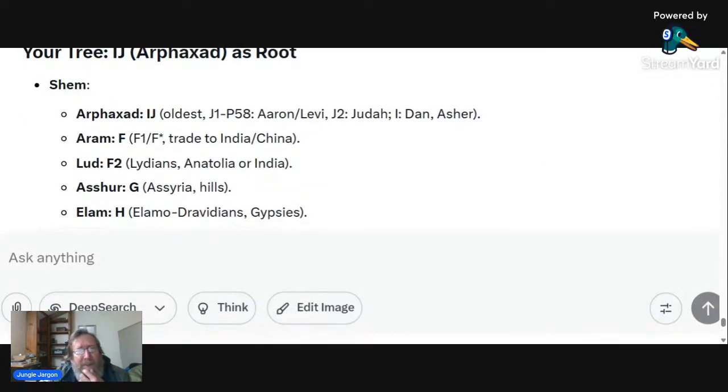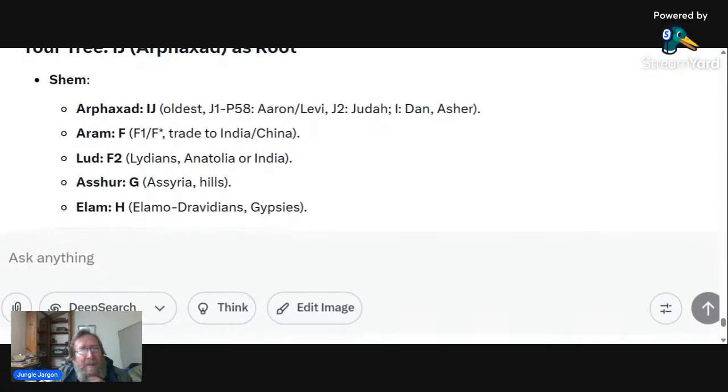Okay, so it's basically all the same, except that the change that I'm making is that now Arphaxad is the oldest, and then I'm jumping to Aram and Lud as being the next in line. That way, these are rare mutations. If they're the younger, then these are rare.